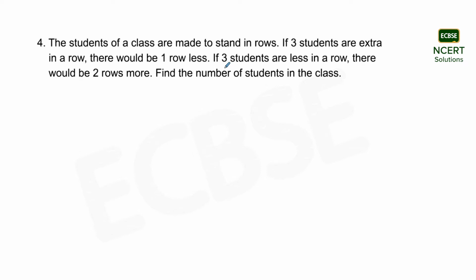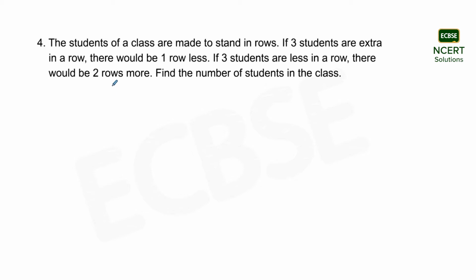The second type of arrangement is, if 3 students are less in a row, there would be 2 rows more. That is, if we decrease the number of students in each row by 3, then the total number of rows that was assumed will be 2 more than the earlier one.